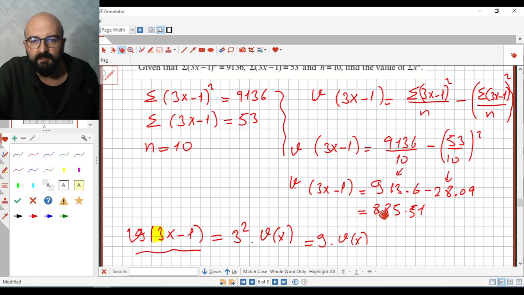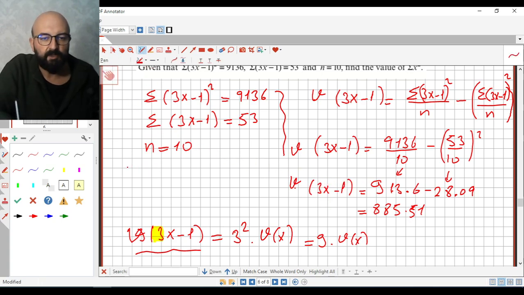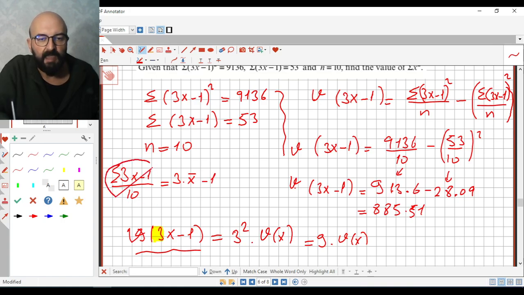And then the mean of 3x minus 1 means 3 multiplied by the mean of x minus 1. And this equals 53 over 10, so 5.3.